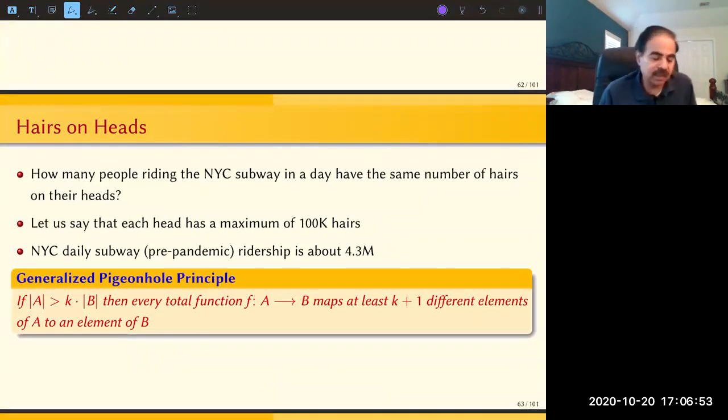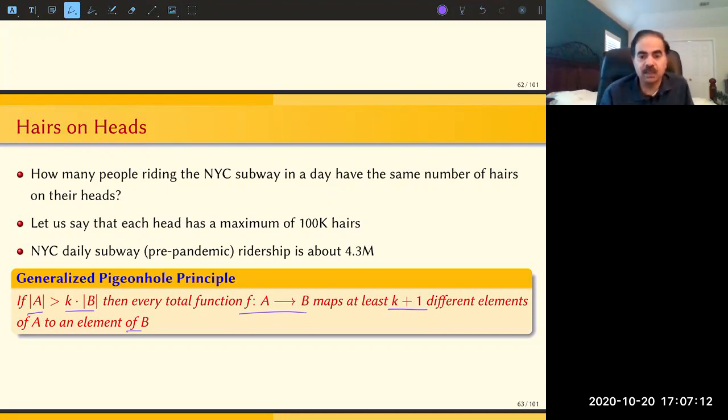So the generalized pigeonhole principle says that if the size of set A is greater than k times the size of set B, then every total function needs to map at least k plus 1 different elements to an element of B, right?